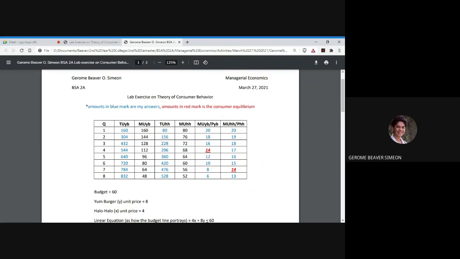So if we are going to start looking for them, we'll start first at the quantity 8 all the way up. So we can see here 6 and 13. There's no match. And then we have 8, 14. And then I saw that there's a 14 on the Burger on quantity 4.